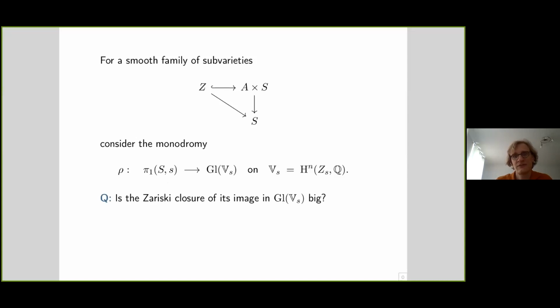And what Lawrence and Sawin want for their proof is that for suitable families Z, the Zariski closure of this representation will be big, meaning that essentially its derived group contains the full special linear group, or in situations where you have certain dualities, it contains at least the orthogonal or symplectic group. So it's as big as possible, a classical group acting by the standard representation, if you like.